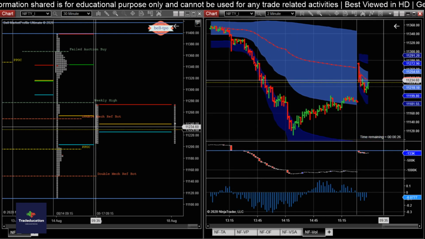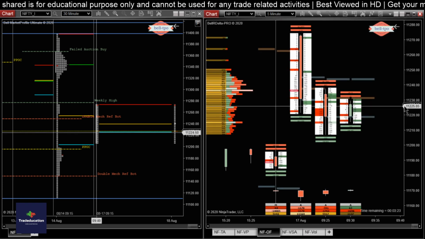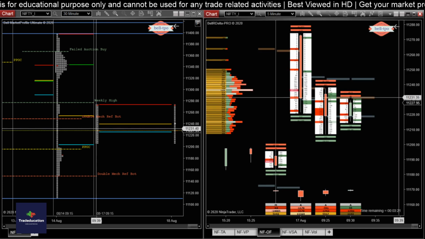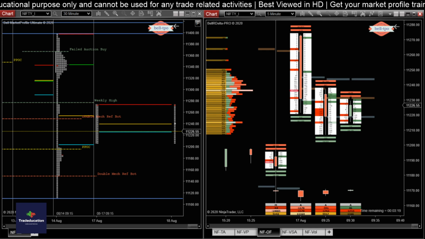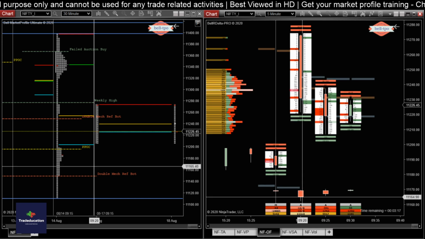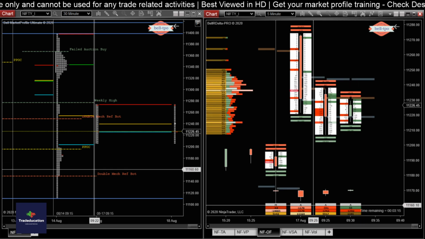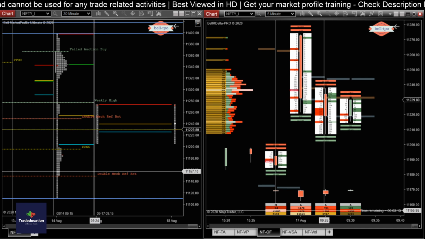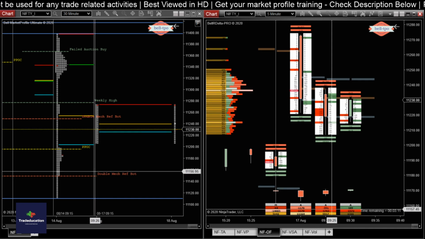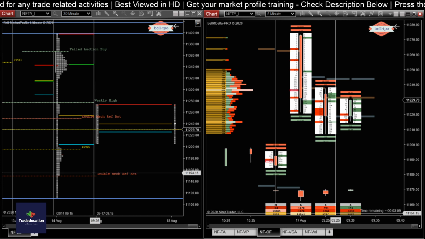Okay, so we will be having a sort of a VWAP test. See the delta divergence happening. So 5,000 contracts traded in the previous candle, before that, 5,900.